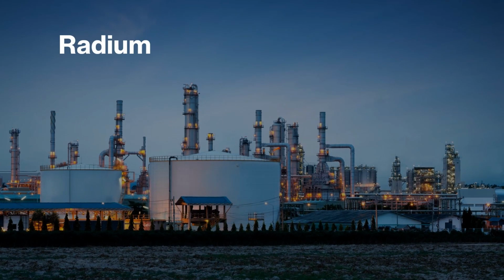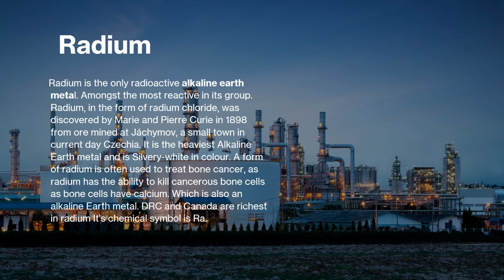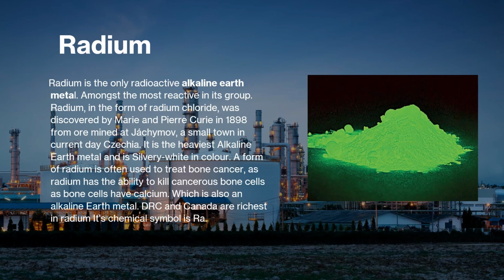Another radioactive element is radium. Radium is the only radioactive alkaline earth metal and amongst the most reactive in its group. Radium, in the form of radium chloride, was discovered by Marie and Pierre Curie in 1898 from ore mined at Jáchymov, a small town in current-day Czechia.